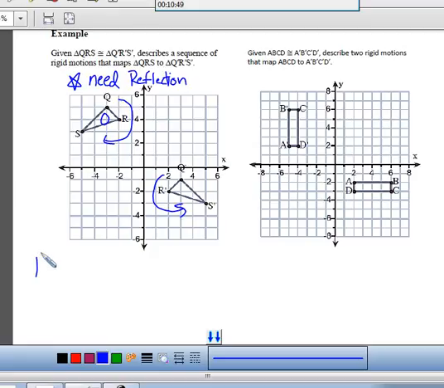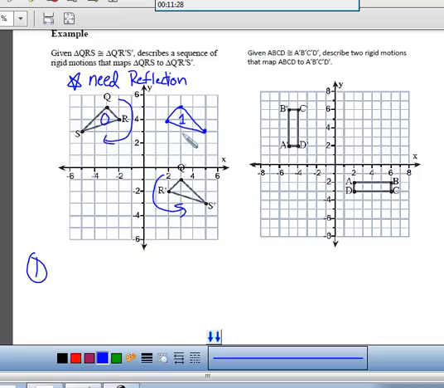Now, let's go ahead and do the reflection first. And you can probably tell, well, if I reflect over the x-axis, it's not going to be pretty. So I think we'll reflect over the y-axis, because if you reflect over the y-axis, your image, so R is going to reflect over to here, and Q is going to reflect over to here, and S is going to reflect over to here, and you've got this first transformation here.